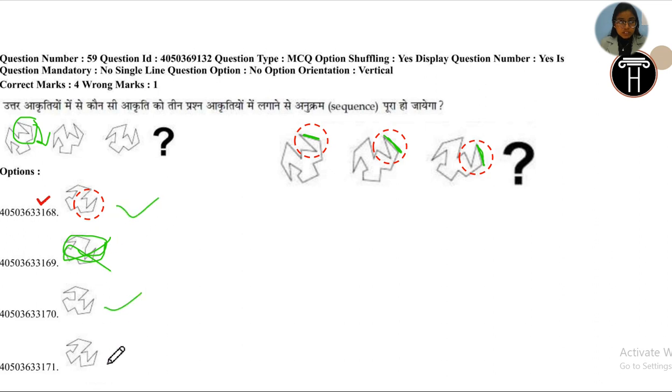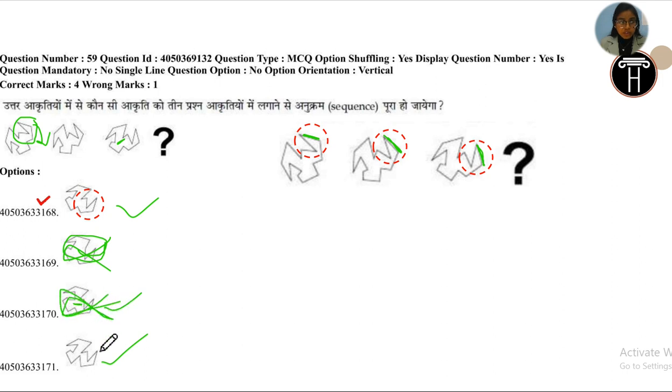These three are matching with it, these three are correct, but now just look at this one, we have to find out this partner. So in this one, if you look over here, this distance is very less if we compare it with the question image. So that's why option number C is also out.